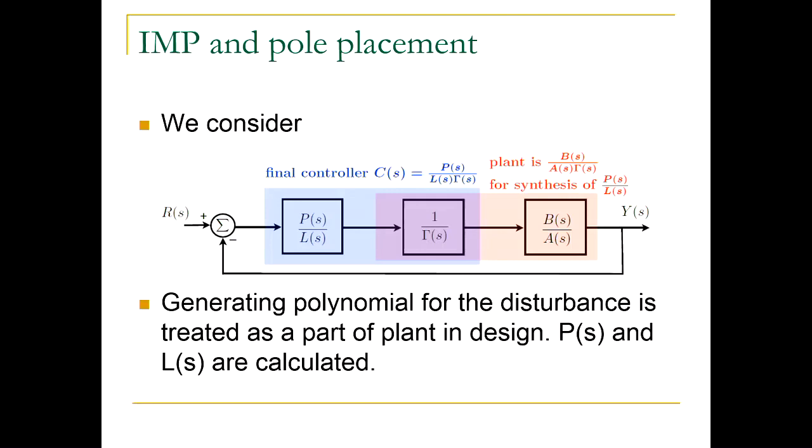You will achieve zero steady state errors, and you will place closed loop poles where you want. So what this says is that the generating polynomial gamma is treated as a part of the plant in design, and P and L are calculated from the pole placement technique.